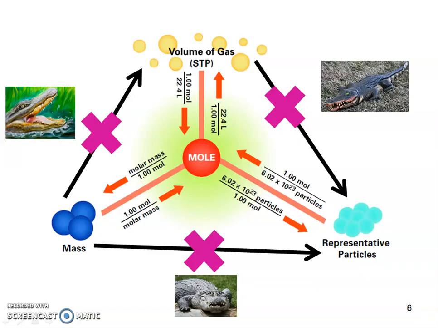So again, here's our mole island if you want to take a picture of it if you haven't done so already. But again, we have one mole in the middle, and in order to go to any one of those islands, we have to go to moles first. So let's say we want to go from liters to particles. And let me remind you, particles could be atoms, ions, molecules, or formula units, because we're either dealing with elements, we're dealing with something that is charged, we're dealing with a covalent compound, or we're dealing with an ionic compound.